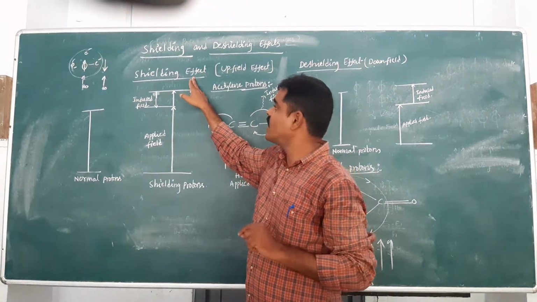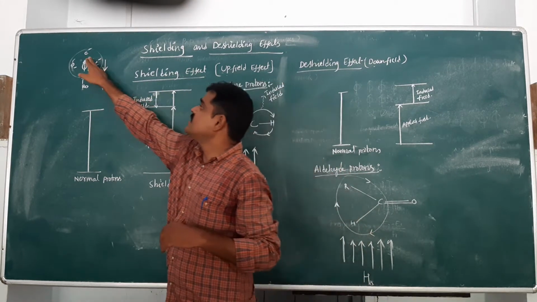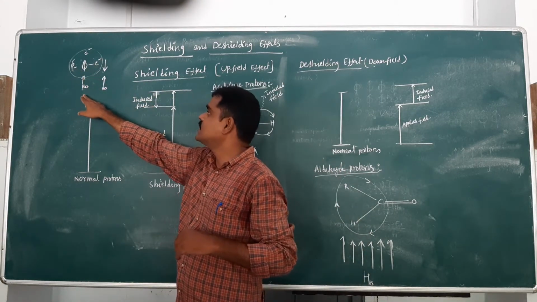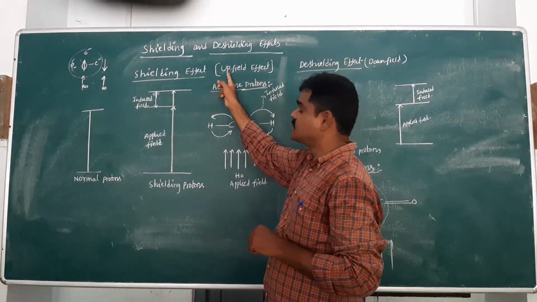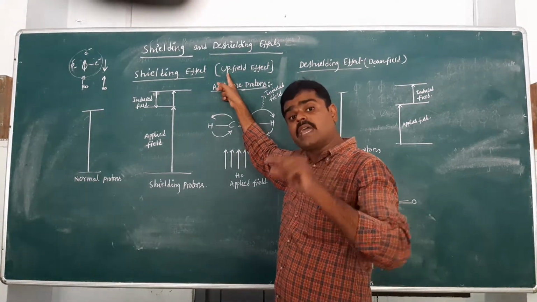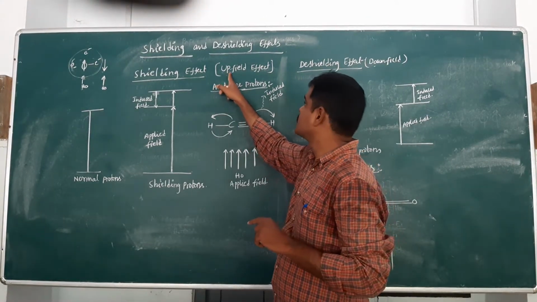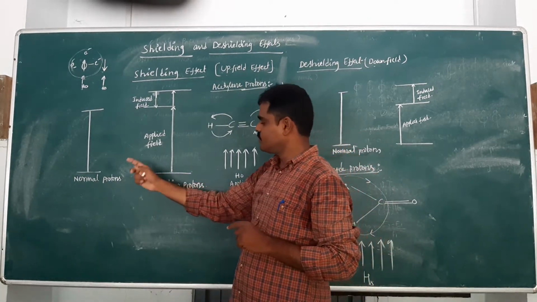This effect is called the shielding effect. This shielding can be overcome by increasing the external magnetic field. That means NMR absorption can occur at high field. So it is called the upfield effect. It can be easily shown in this diagram.